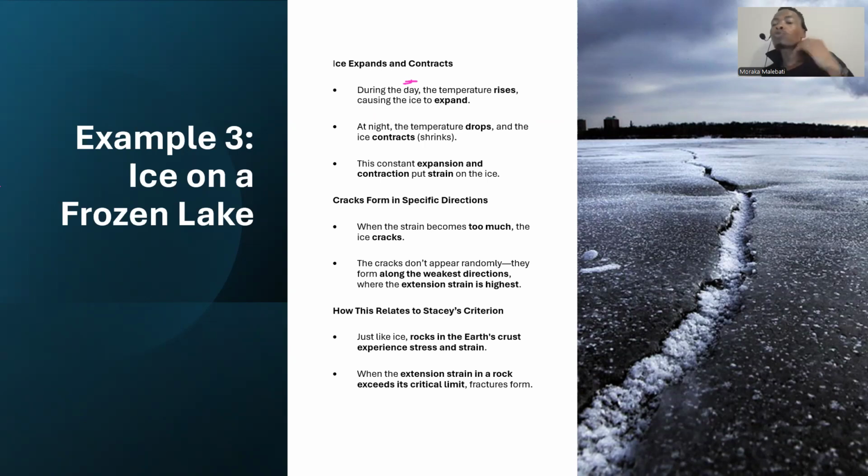When the strain becomes too much, it exceeds the critical extension criterion, and the crack will start. The cracks don't appear randomly; they form along the weakest directions where the extension strain is highest. So, just like ice, rocks in the earth's crust experience stress and strain. When the extension strain in a rock exceeds its critical limit, the fracture will always happen.